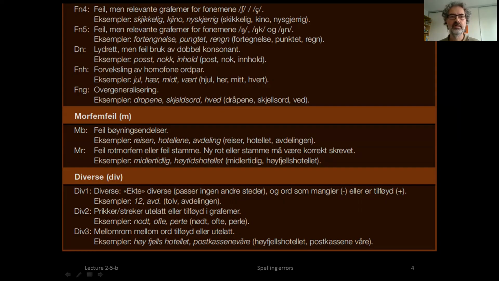For example, this is an exception because it is pronounced with a short vowel but doesn't require a double consonant to indicate it. And this kind of spelling, although phonologically accurate, is in fact a spelling error. And there are different kinds of mistakes one can make without altering the phonological form of the word.